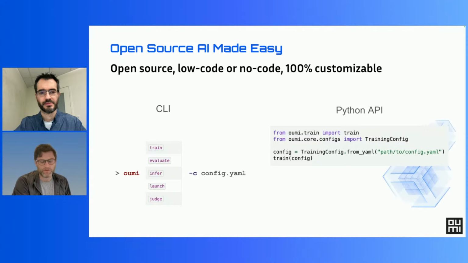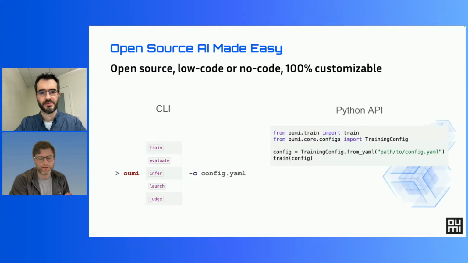And then you give it a configuration file. This is a YAML file, which describes at a high level what the different parameters of what you're trying to do are. So for example, if you're training, it would contain things like your model name, your learning rate, learning schedule, and so on. So that's a no-code way of using Oumi.